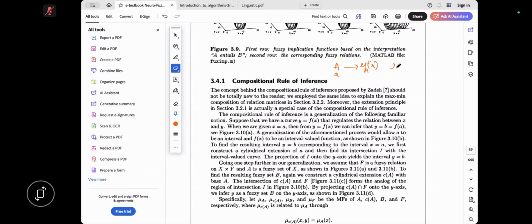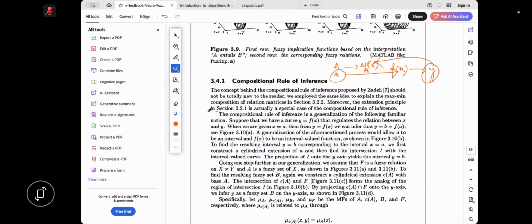And if I have some function f of x, already we know this, I implement this on f of x, I will get y. And once I get y, I can get the value of mu B of y. This is the understanding.